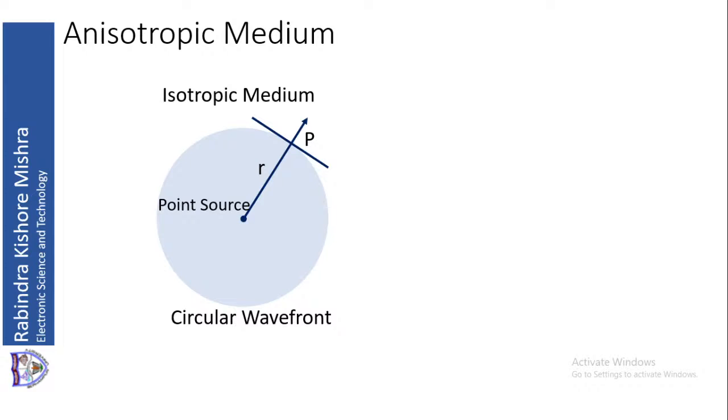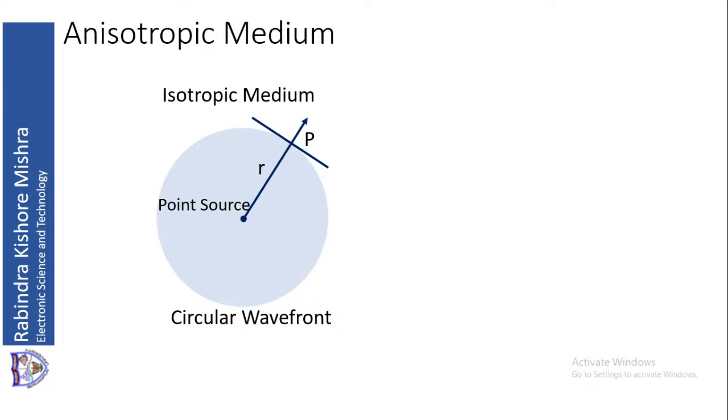Therefore it is always radial. So phase velocity is radial. Energy, as you know, propagates out from the source in the radial direction. So propagation is radial, and therefore energy is propagating in the radial direction, and phase velocity is also in the radial direction, because phase is increasing in that direction. So that is for the isotropic medium.